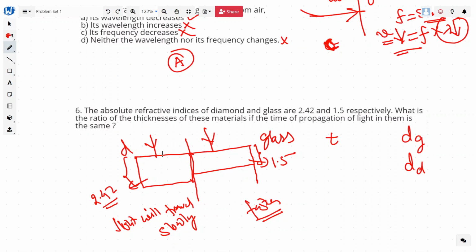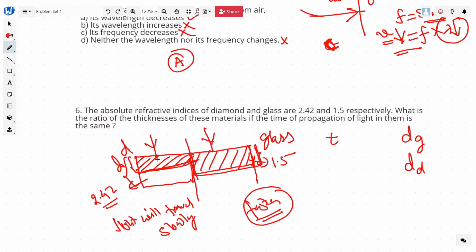Now it is going to be slower here, so in the same time it will travel a shorter distance. So this is going to be d, and here more distance, because here it is going to run faster for the same amount of time. So we drew that with a guess, but now we know how it looks.